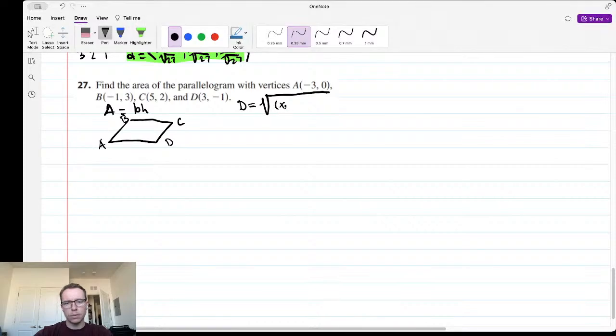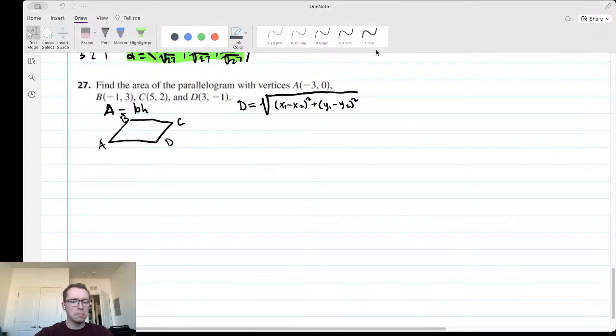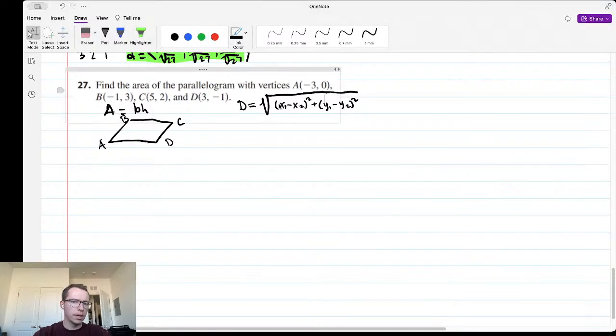I think it's x1 minus x2 squared plus y1 minus y2 squared. And then I'm going to Google it just to be sure. Looks like people usually put x2 minus x1, but it doesn't matter. You square it, right? You square it.